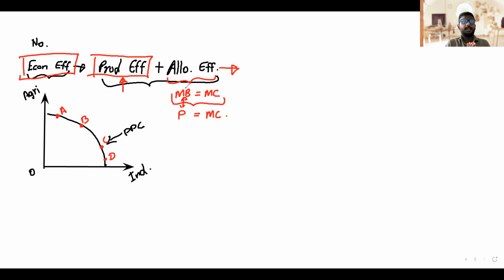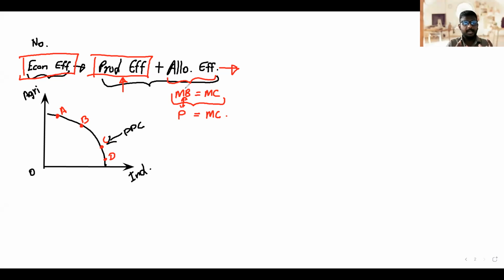Now, productive efficiency is all along the PPC, but allocative efficiency is only at one point, because out of the combinations here, there's only one that is most preferred by the society. So productive efficiency is all along the curve, and allocative efficiency is only at one point.